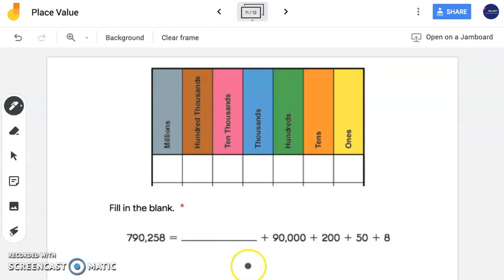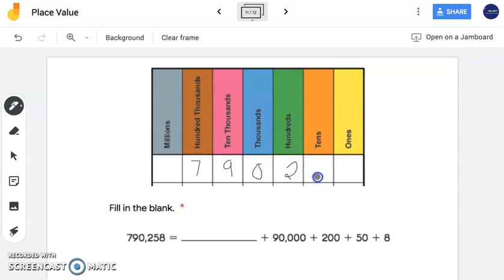Here is another example of a number written in standard form and expanded form. Our goal is to fill in the missing blank. We have the number 790,258. Now I'm first going to just write this on my place value chart just to help me with this problem and fill in that missing blank.